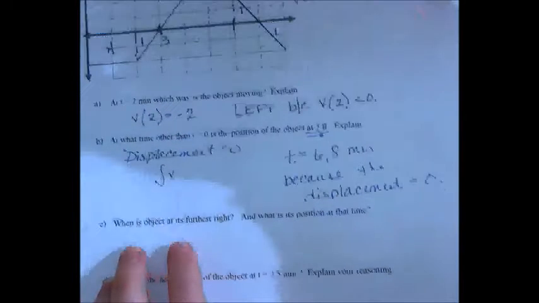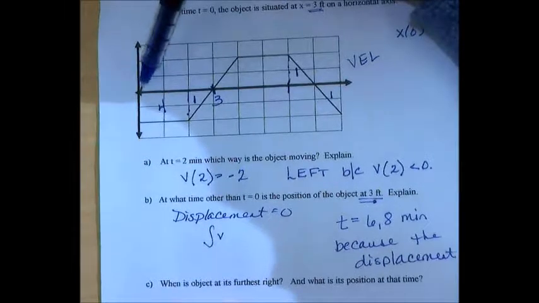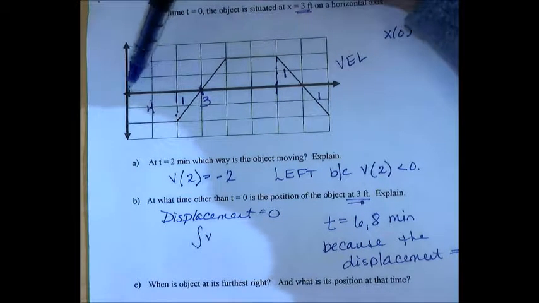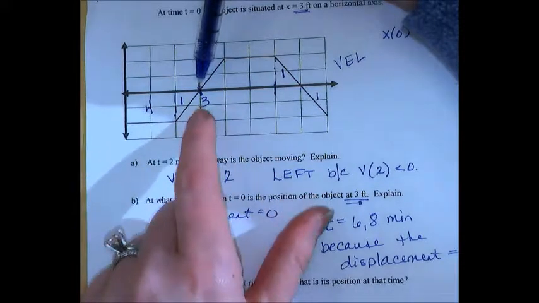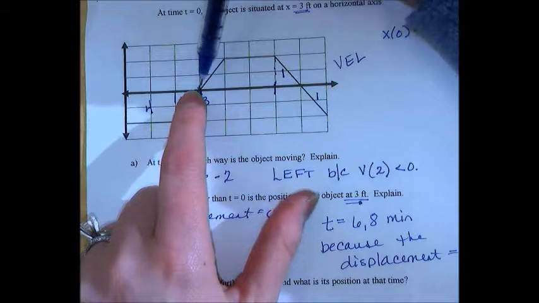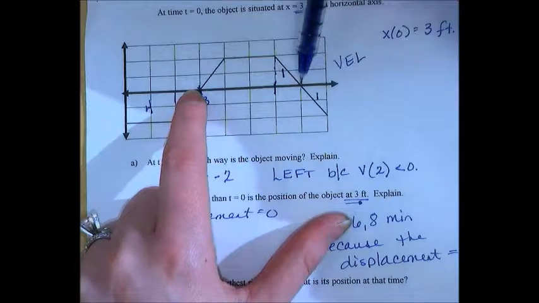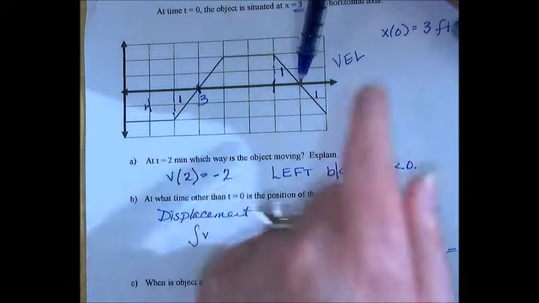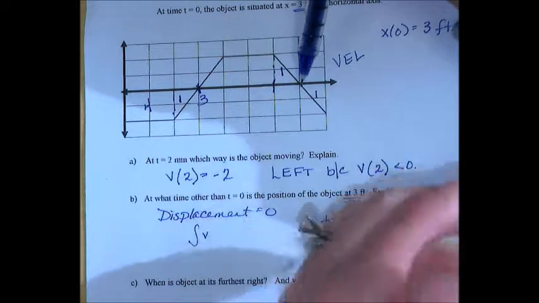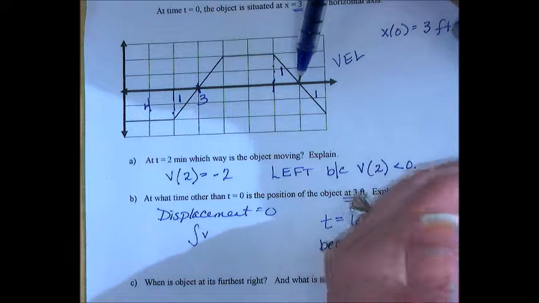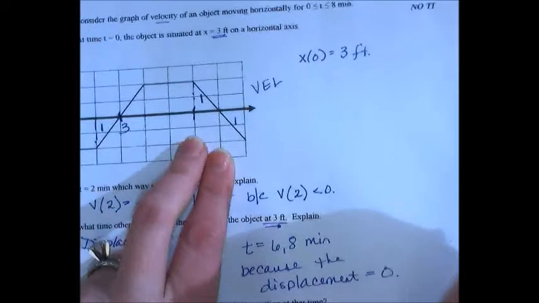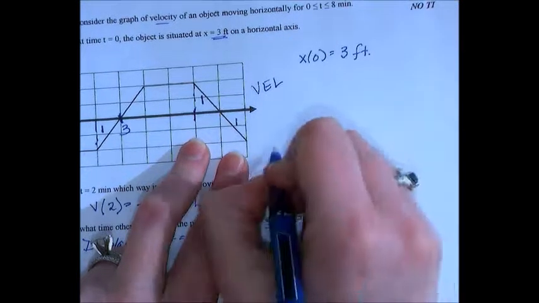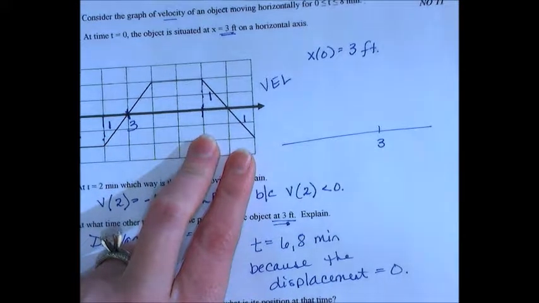So if I go back to the beginning, my object starts at a position of 3 feet. It's moving left, so I'm moving to the left 5 units. Then I start moving to the right, and I move to the right 6 units. So I'm past where I started, if that makes sense. Then I move to the left again. So without doing a very rough sketch of this, my particle starts at 3 feet.